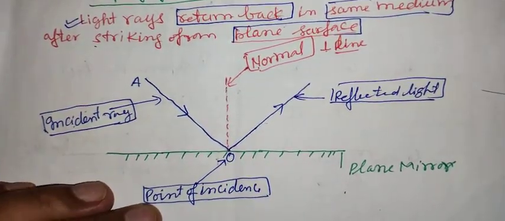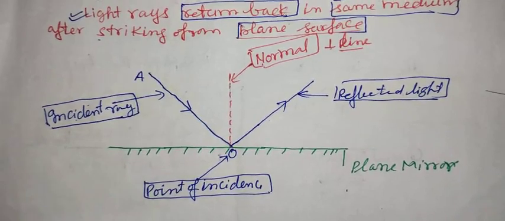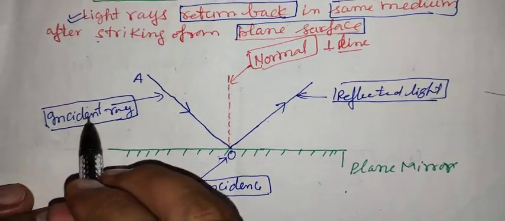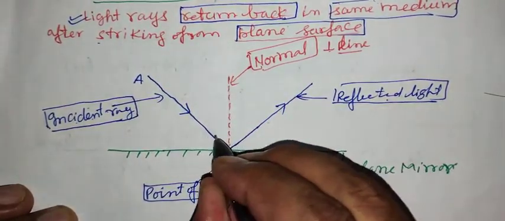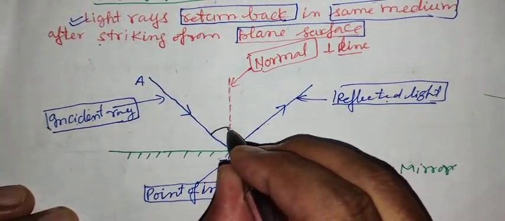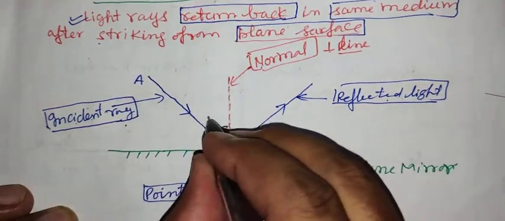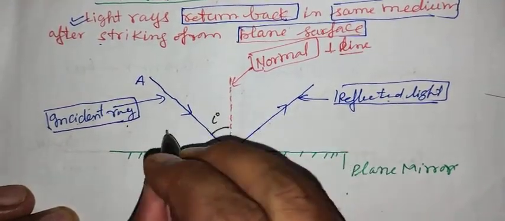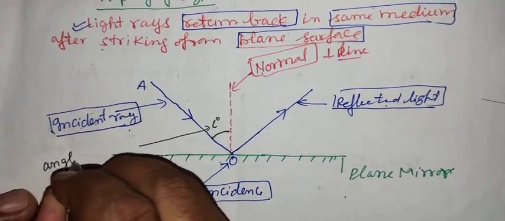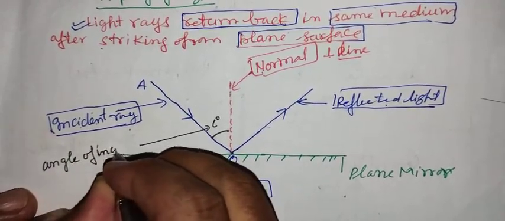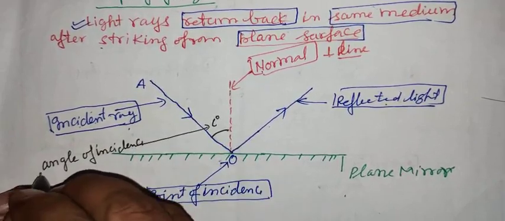In this scenario, the terms used here are incident ray, reflected ray, point of incidence, and normal. The angle made by the incident ray with the normal is denoted by I, and it is known as the angle of incidence.